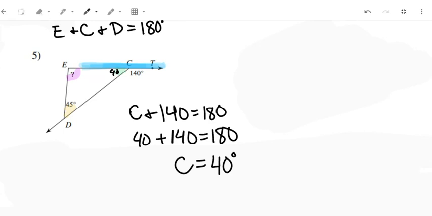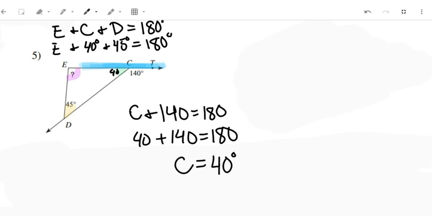Okay, so now how do we find that missing purple angle, angle E? I know that angles E, C, and D altogether add up to 180. So again, you're thinking to yourself, okay, now I know C is 40, and they gave me that D is 45 degrees.